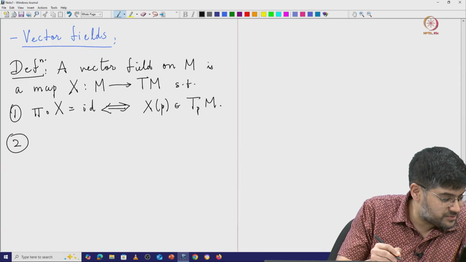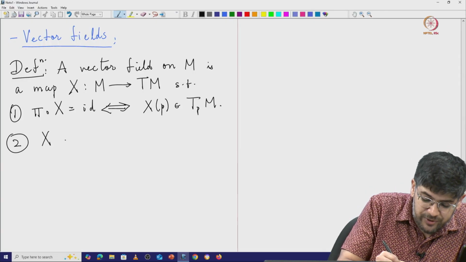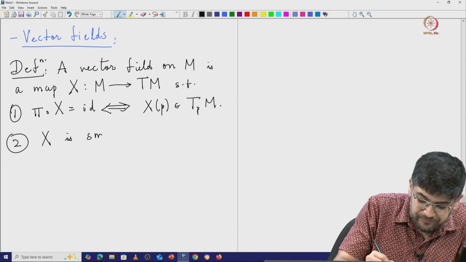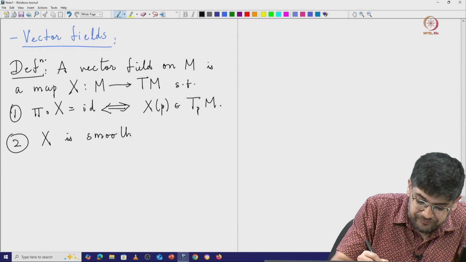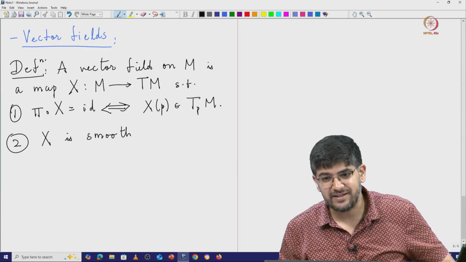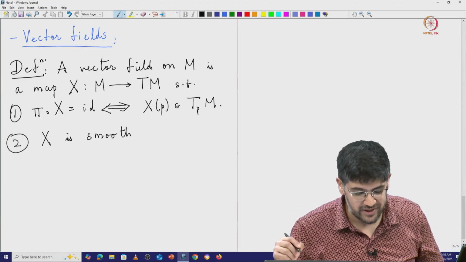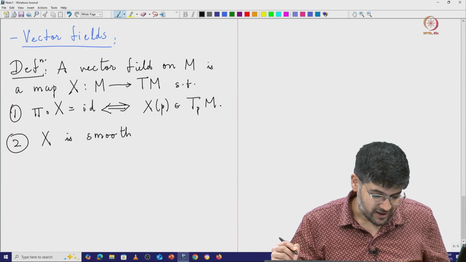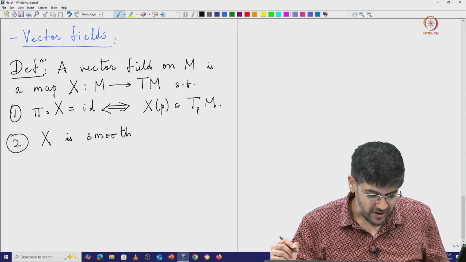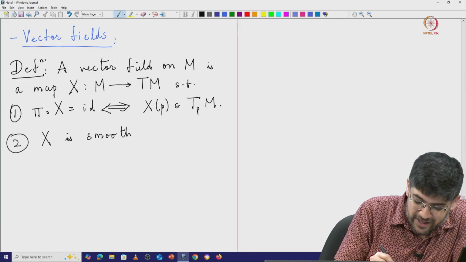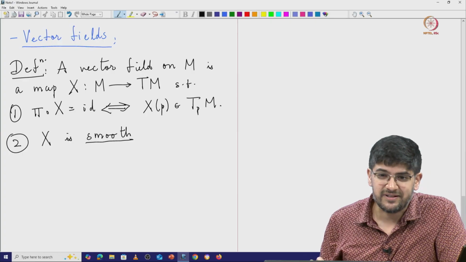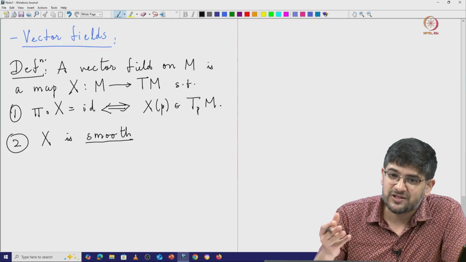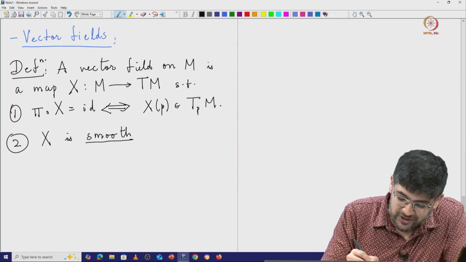And secondly, I want X to be smooth. Okay, so I have already said that the tangent bundle is actually a manifold, right? But I didn't explain what the manifold structure is. So let me at least explain what it means for a vector field to be smooth.